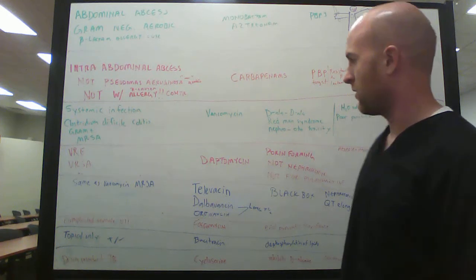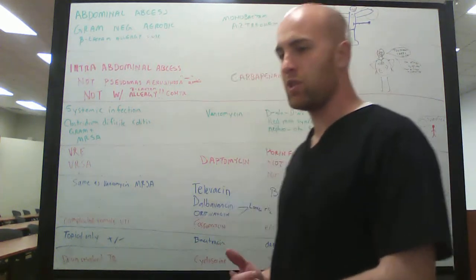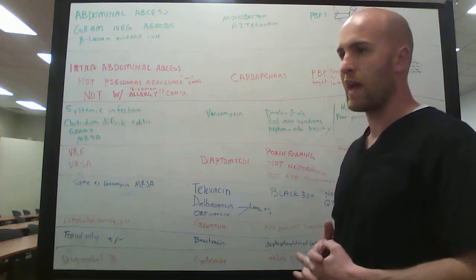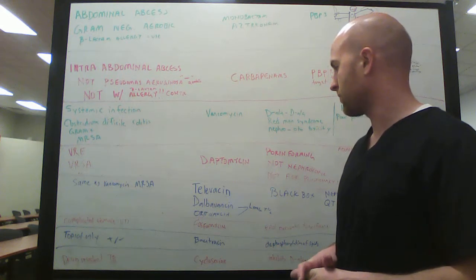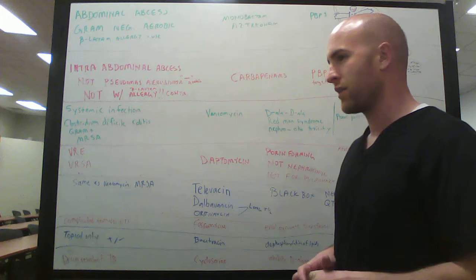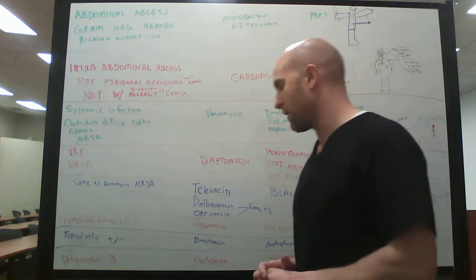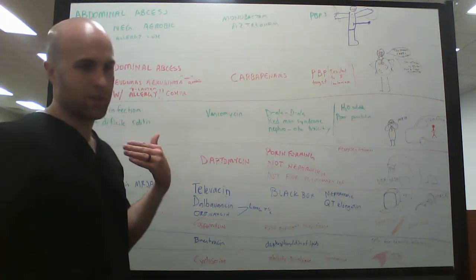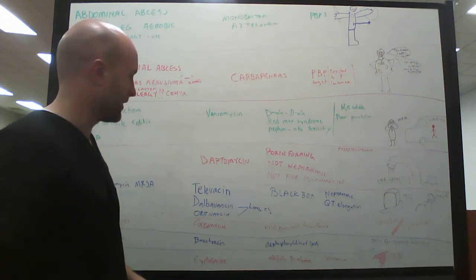So the next one we have here is if a female patient comes in, she has a very complicated case of urinary tract infection. You're going to give her something called fosfomycin. So fosfomycin, it gets excreted out through the kidneys really quickly.